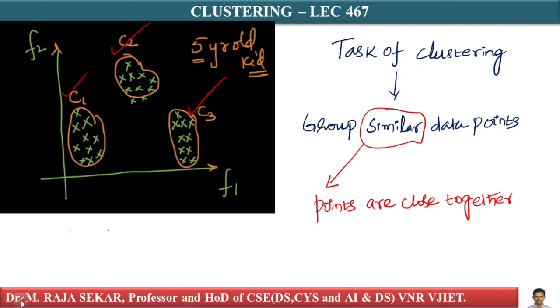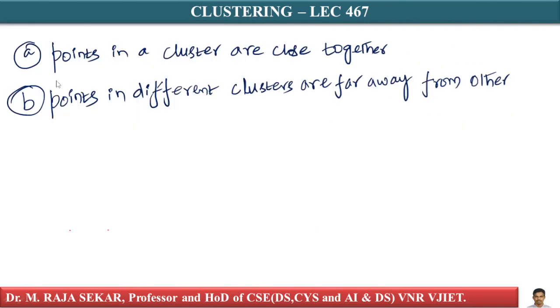Just see, in C1 all the points are close together, and they are farther away from the other points. So the two things it is looking for: first, points in a cluster are close together, and points in different clusters are far away from each other, isn't it?